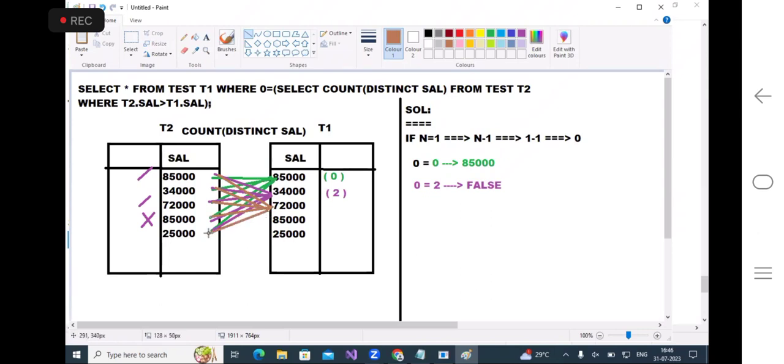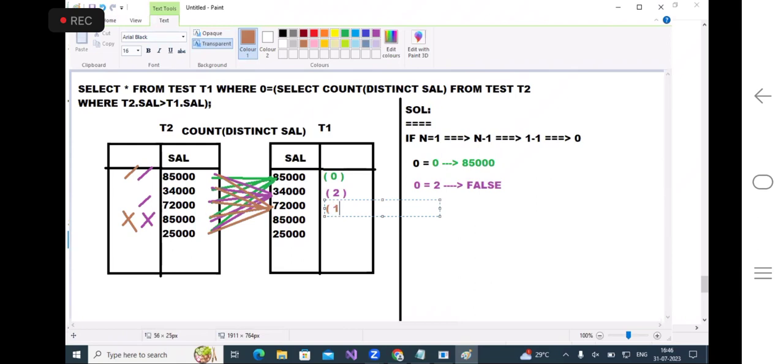Now tell me, 72,000 above, how many values are there? 85 is one, and here 85 again, but only one should be counted because duplicates are not counted. So now the count is 1.